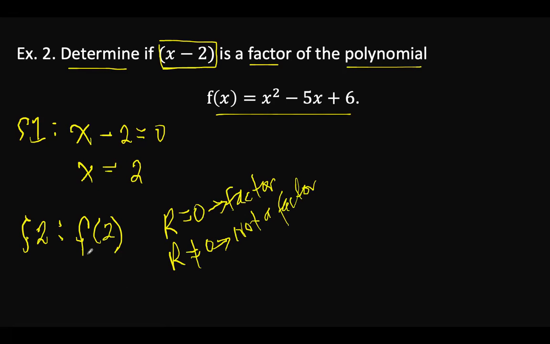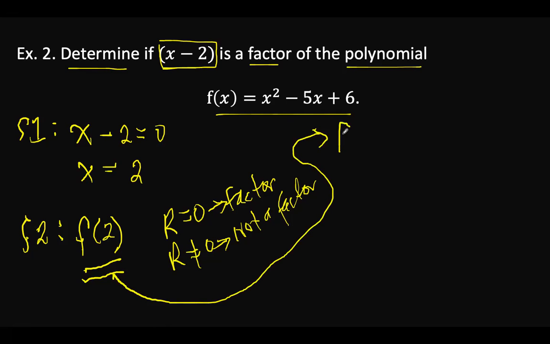Tandaan yan, ha? Okay, so dito, tingnan natin. Ano bang gustong sabihin nito? This is the remainder theorem, di ba? Yung discussion natin kanina. And it only means that we're going to substitute 2 to all of the x's of the given polynomial f. Okay? So, paano natin siya sasagutin or isosolve? Ito na. So, f of 2 is equal to, ang f natin ay ito.